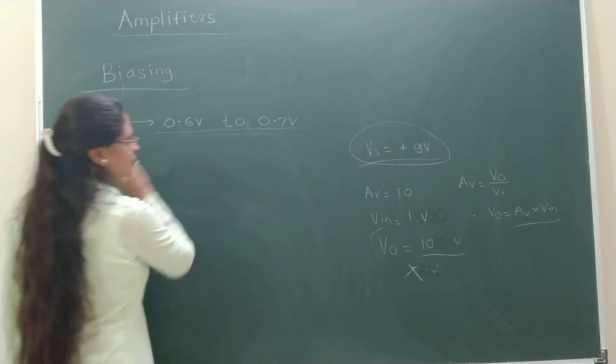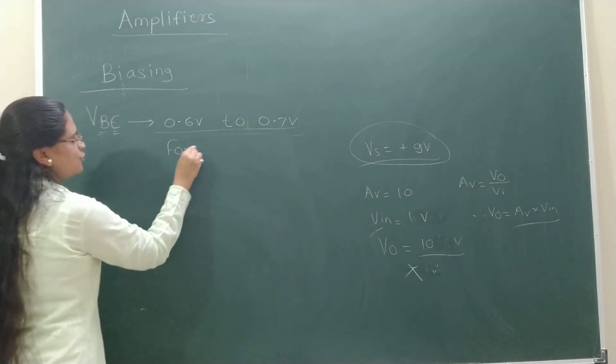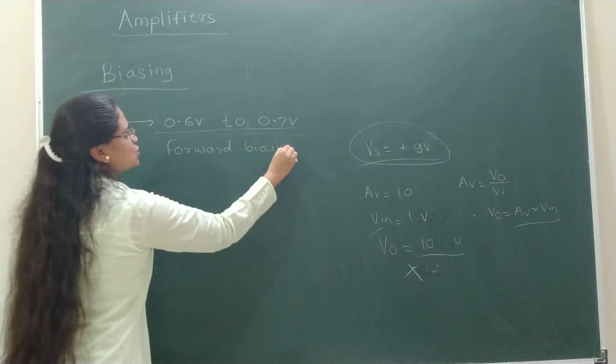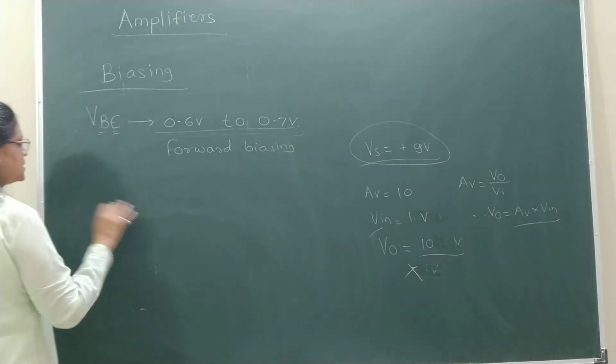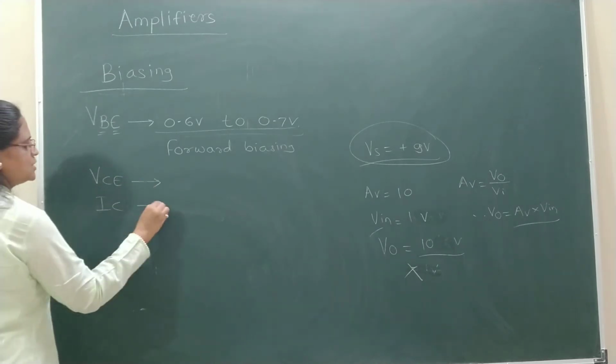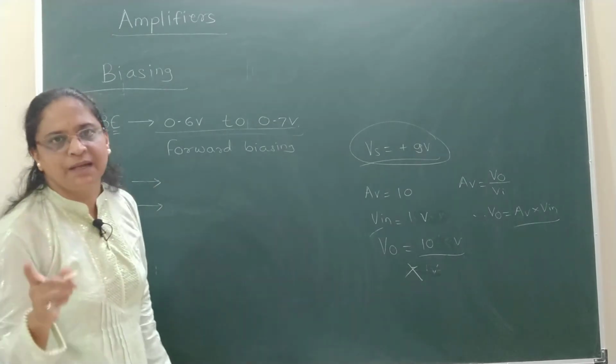So this is the minimum requirement, that is called the forward biasing part, correct? So the input side should provide charge carriers, but at the same time at the output side VCE and IC, these two parameters, have to be made available.